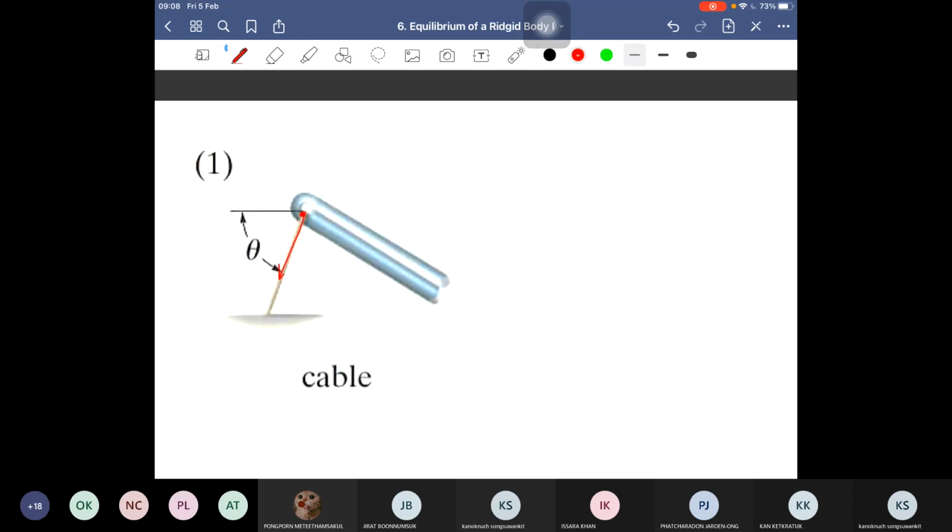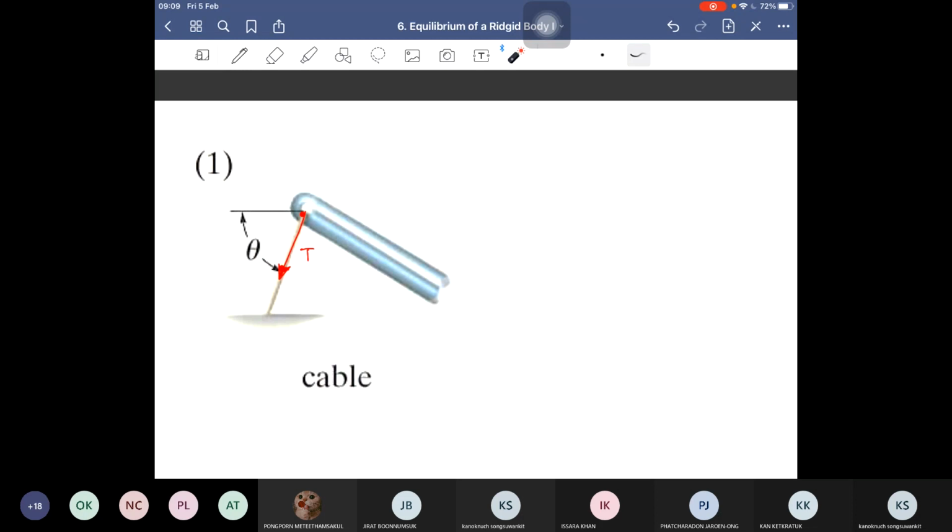So we have the reaction force of tension, T. The tension must act along the line. And also the direction of the tension must act out of the body.